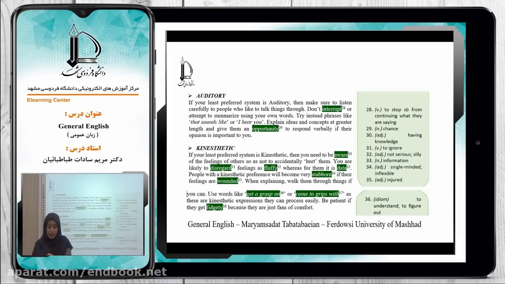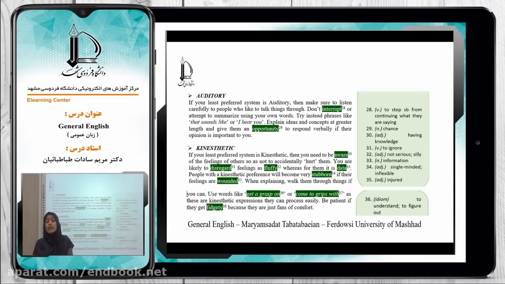It says, be aware of the feelings of others so as not to accidentally hurt them. Pay attention to these feelings so that they don't feel bad, so they feel good when they are communicating with you.